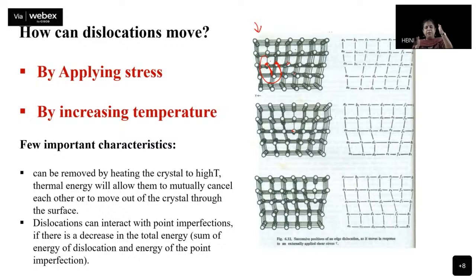Now, if they move towards each other in the way I just described by applying stress, ultimately one point will come when this top half and the bottom half will meet. Okay. So the positive edge dislocation and the negative edge dislocation will reach closer to each other, and we will get an undefective plane of atoms with no more dislocation left in it.